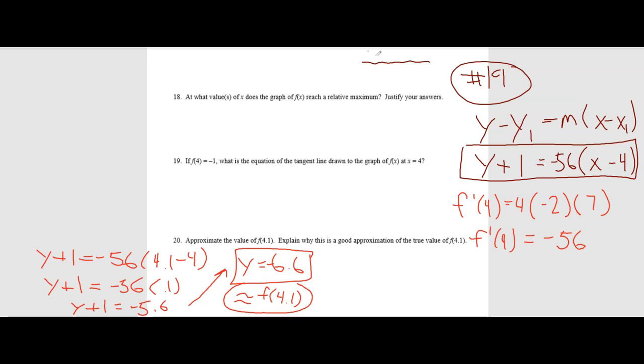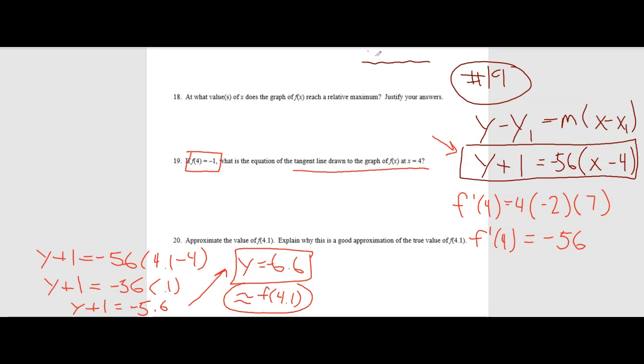Now, we did this a couple of videos ago, but we said the tangent line provided good approximations of the function as long as the x value was close to the point of tangency. So our tangent line right here was made with a point of tangency at x equals 4, right? They were saying draw the tangent line to the graph at x equals 4.